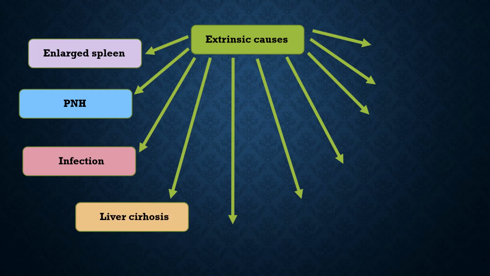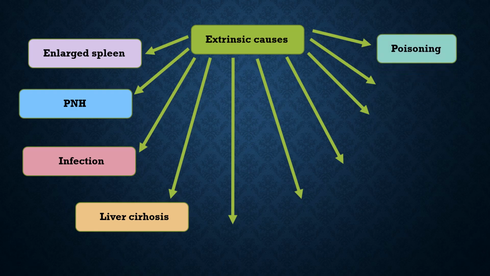Liver cirrhosis. Spur cell hemolytic anemia is associated with liver cirrhosis. It is characterized by increased large RBC, which are covered with spike-like projections that vary in width, length and distribution. So, spiked RBC is the feature of liver cirrhosis.